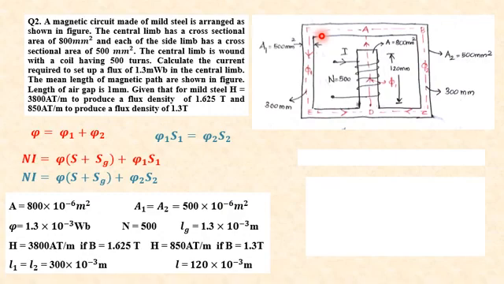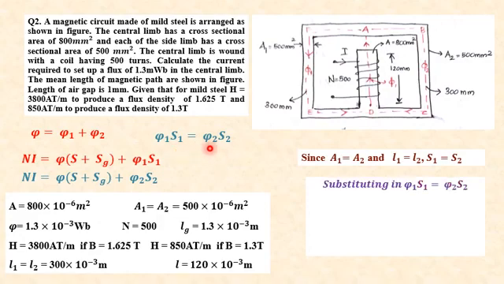So since all the dimensions of both flux paths AFED and ABCD are the same, we can say that S1 will be equal to S2. That is, the reluctance of path AFED will be equal to the reluctance of path ABCD.